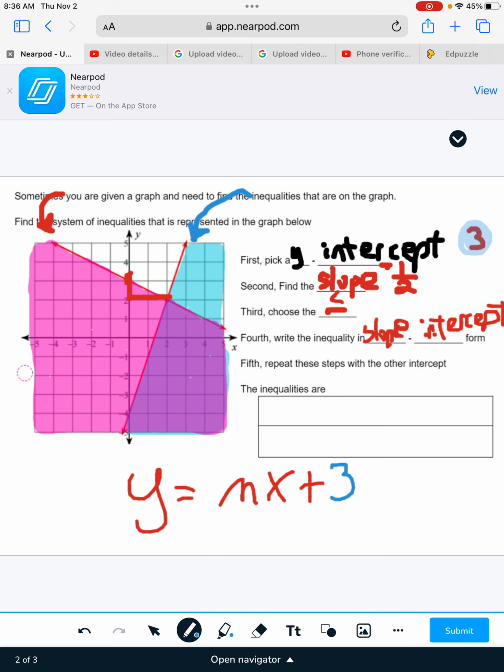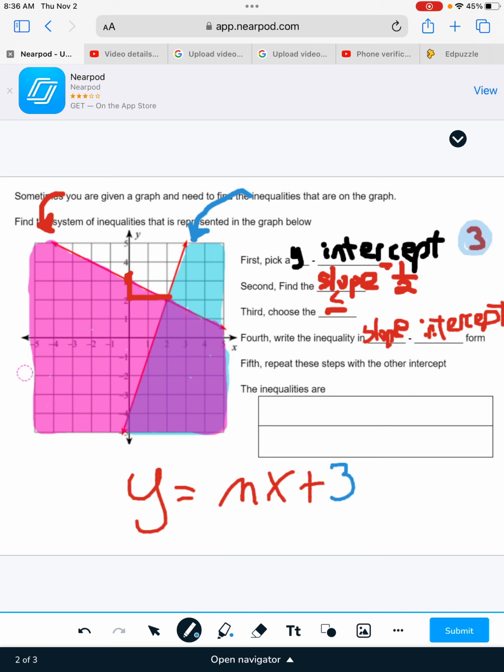That equals happens only if they are equal to each other. Since it is not equal to, it is less than or equal to, this is the inequality we're going to put in. I'm going to recopy this: y is less than or equal to negative 1/2 x plus 3, because that is my first inequality.